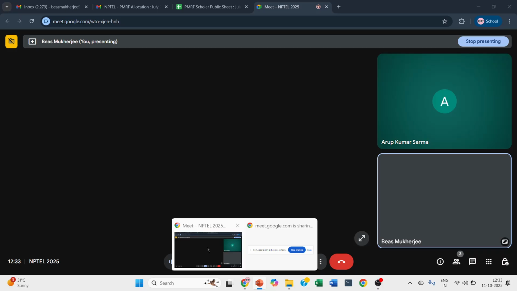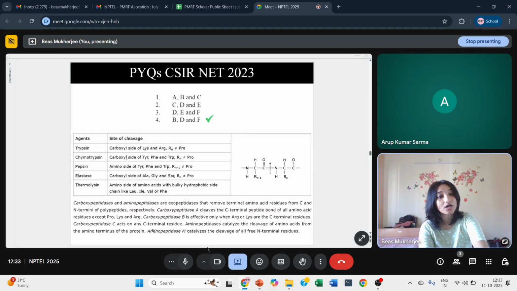The right answer for this question is option number 4, which says B, D and F are correct. For trypsin, chymotrypsin, pepsin, elastase and thermolysin, the site of cleavage is given for your knowledge. Carboxypeptidases and aminopeptidases are exopeptidases that remove terminal amino acid residues from the C-terminal and N-terminal of the polypeptide respectively.